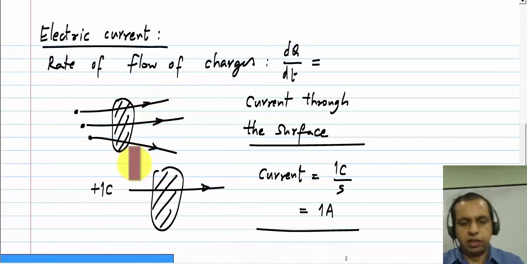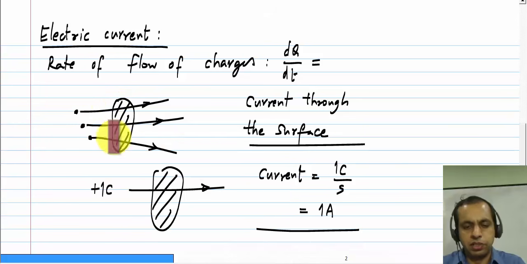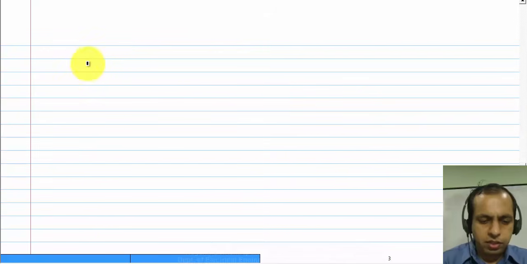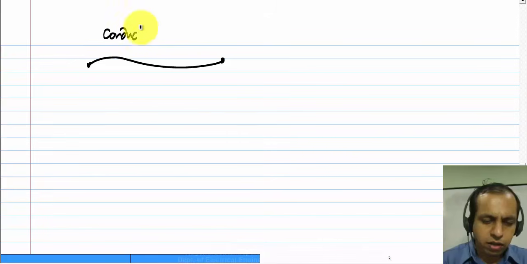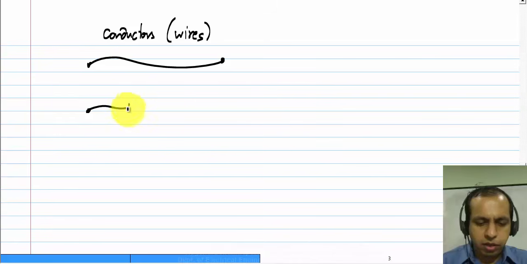Now this is a very general definition of current, and depending on how charges are moving across the surface, you can compute the current by looking at how much charge is moving across the surface in 1 second. Now, in case of electrical circuits, it turns out that we will have certain conductors which you can think of as wires, okay, or you could have some electrical elements.